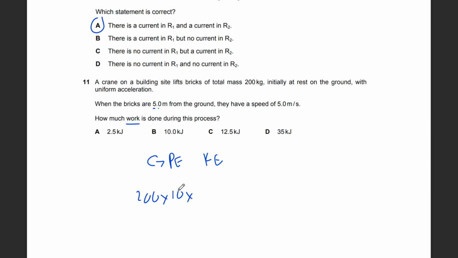We will just take g as 10 for MCQ. It's fine, unless the given choices are very close to each other. h is 5 and KE is 1/2 mv squared. We need to add both. So 200 into 10 into 5 plus 0.5 into 200 into 25, that will be 12.5 kilojoules. C.